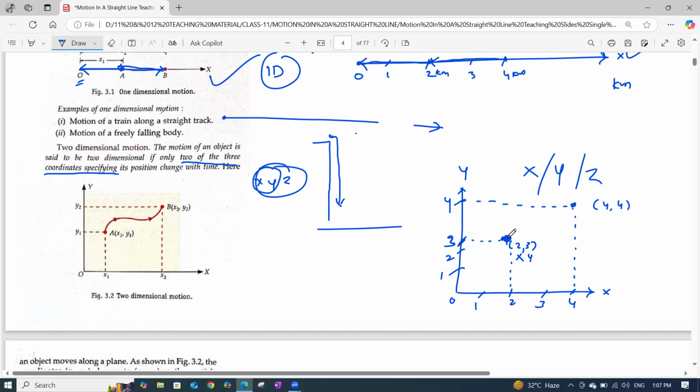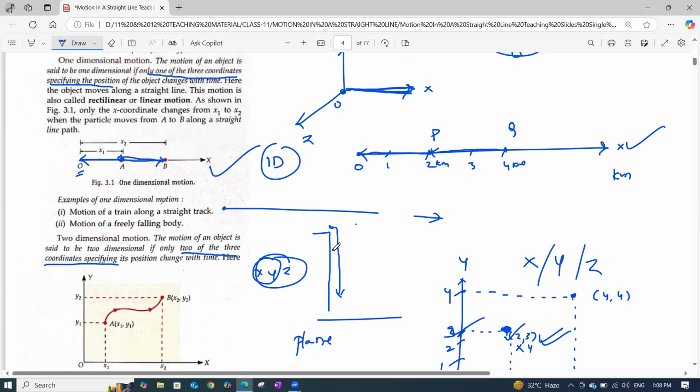You are telling about the body's position by taking two axes into consideration, x-axis as well as y-axis. From x-axis 2 unit distance, from y-axis 3 unit distance, like that you are telling now. So such type of motion we call two-dimensional motion, which we can see in a plane.